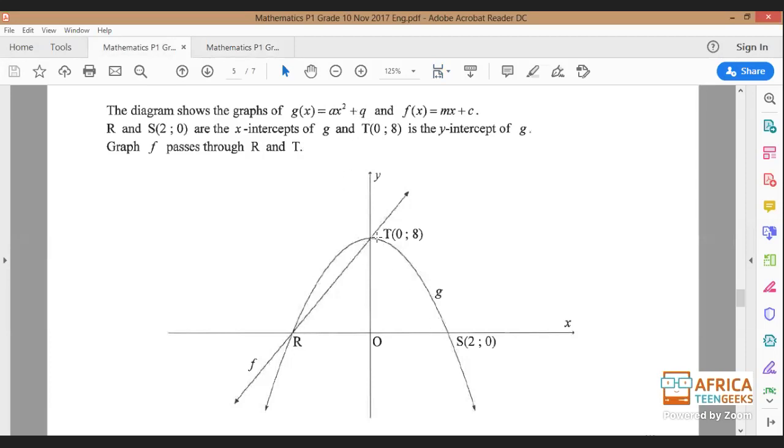Q, we know already is going to be positive, because I told you the other day that if your parabola graph has the sad face, your Q will be positive. But if your parabola has the happy face, your Q will be negative, right?